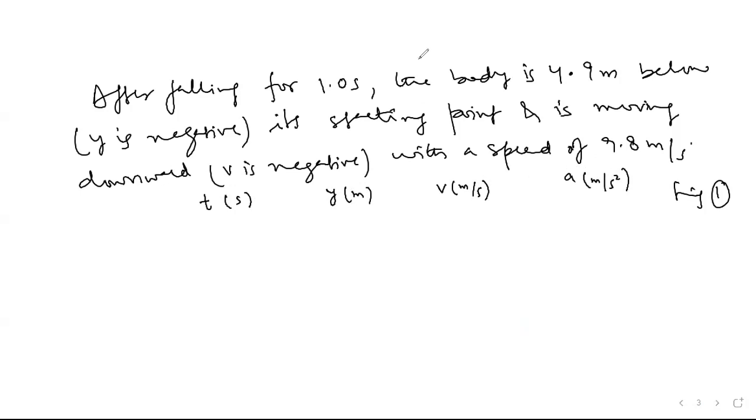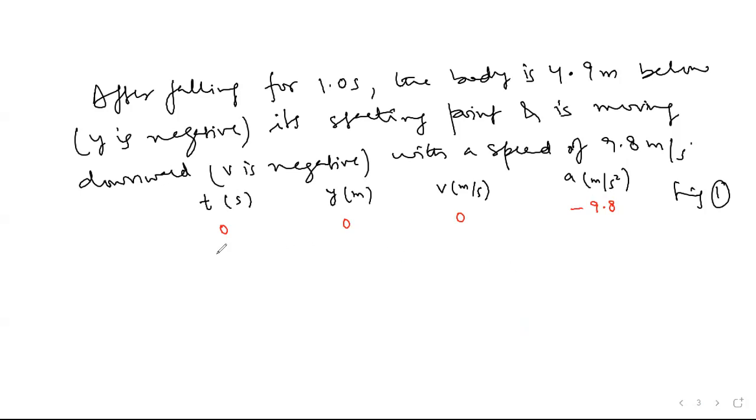The situation is like this. At t is equal to 0 second, what's y? y is 0 because we have taken starting point at origin. What is v? v is 0. But what about acceleration? Acceleration is minus 9.8 meter per second square.